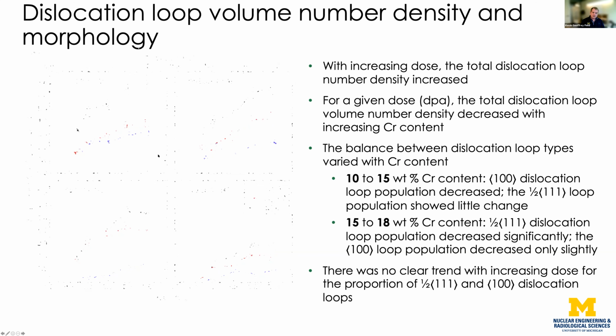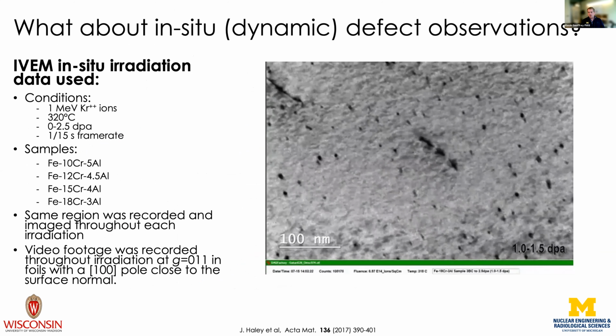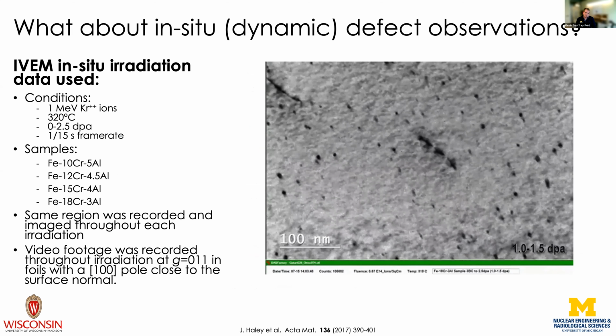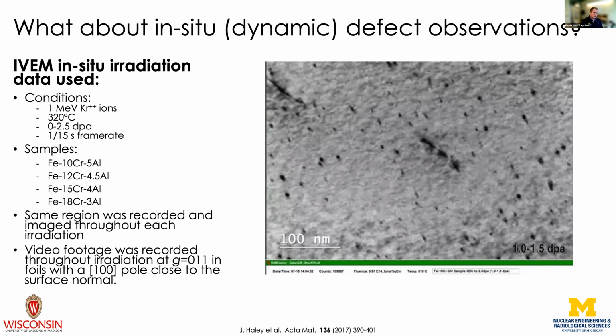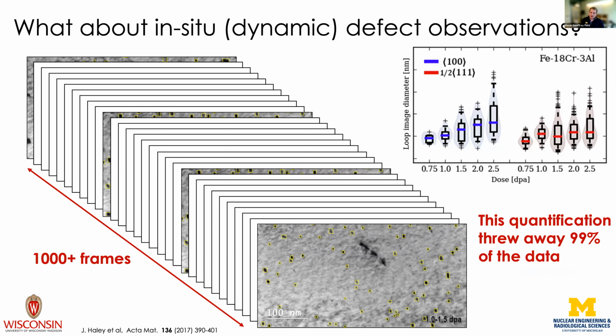So you can start realizing quickly that with in situ irradiations, we have a data scale problem, right? For the quantification that I showed you on the previous slide, we had about 1,800 frames total. We only imaged or looked at essentially 4 of them to look at the loops. So we're throwing away about 99% of our data whenever we're publishing our papers.